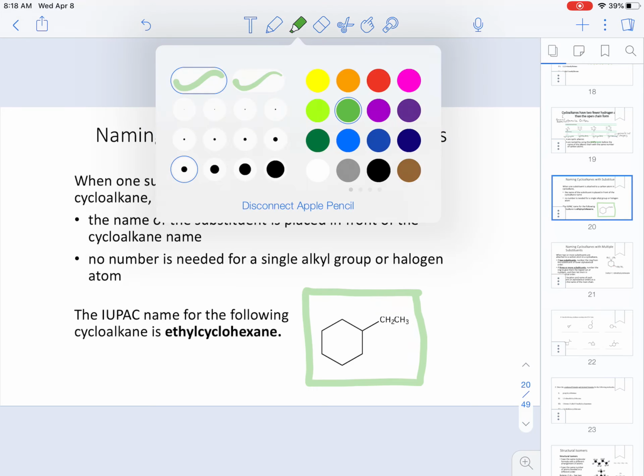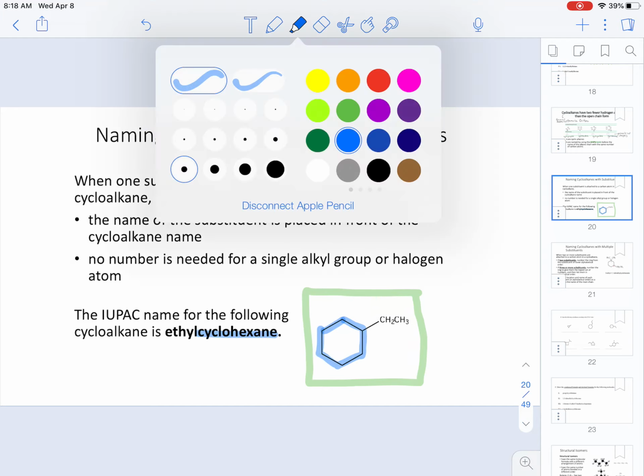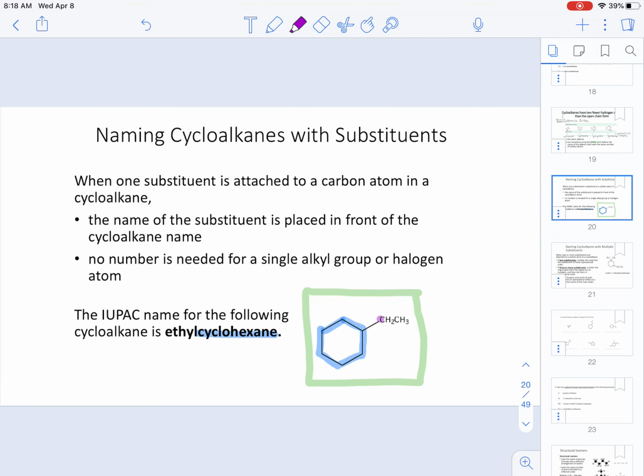That hexagon, which I'm going to highlight in blue, represents the cyclohexane. The CH2CH3 is the ethyl group. So naming cyclic alkanes with one substituent is fairly easy.